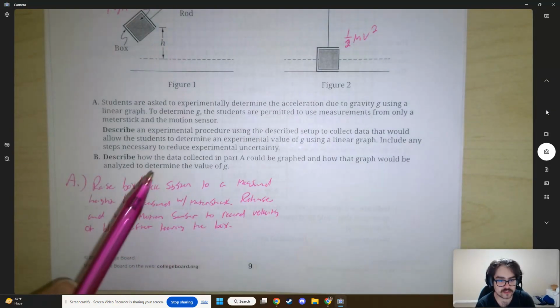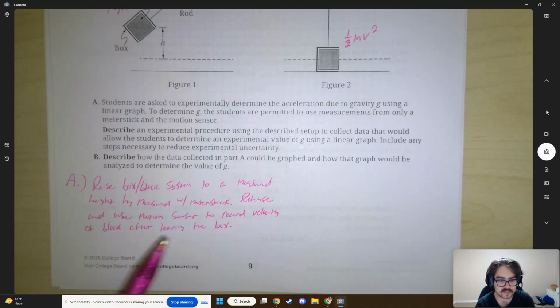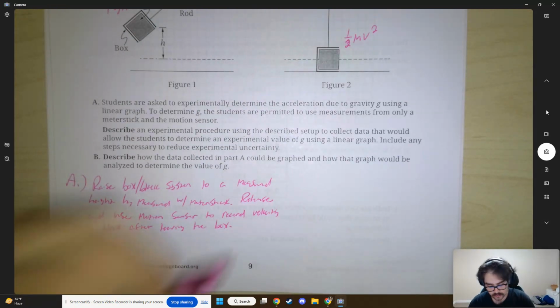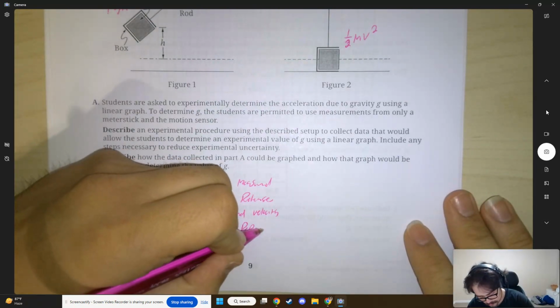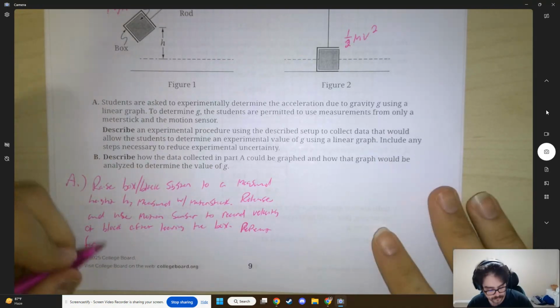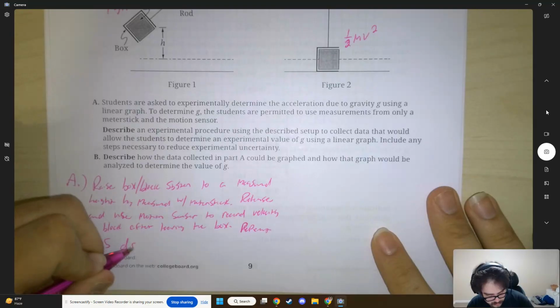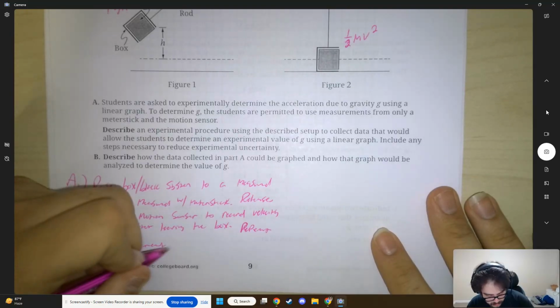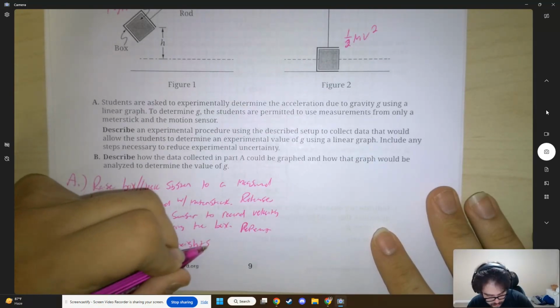Now I need to address experimental uncertainty. So I'm going to say, release and use motion sensor to record velocity of block after leaving the box. Repeat for 5 different heights.